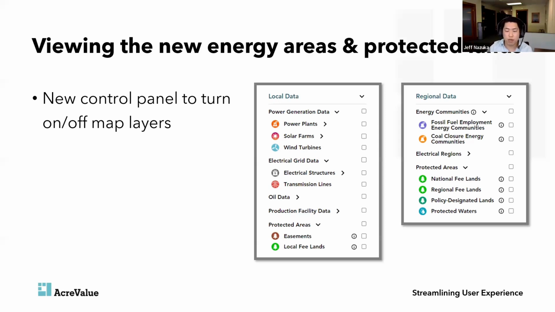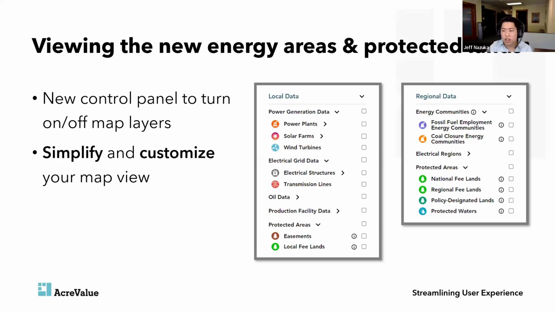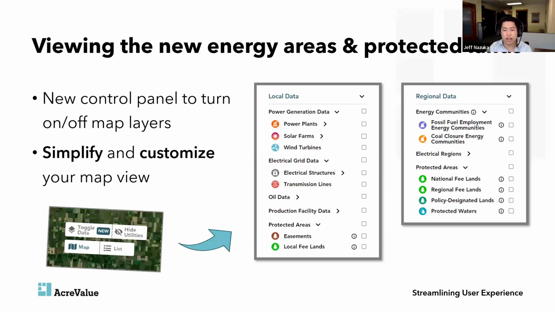You can now customize your map to see exactly the data that drives your decisions on a property. And if you don't need to see certain maps or areas, that's totally fine. You can simply turn them off to simplify your map view. Now, to open the control panel on the AcreValue map, we're going to want to select the toggle data button at the top left corner of the map here.